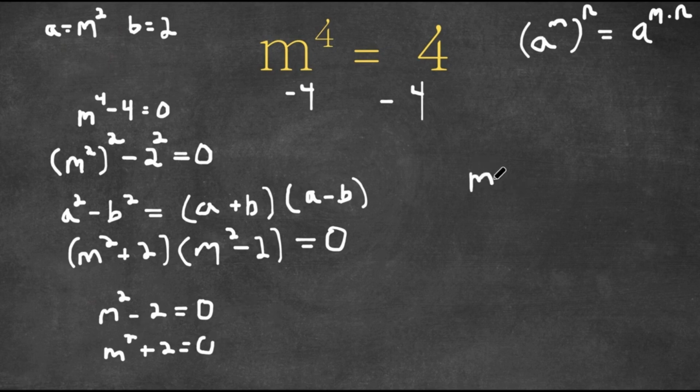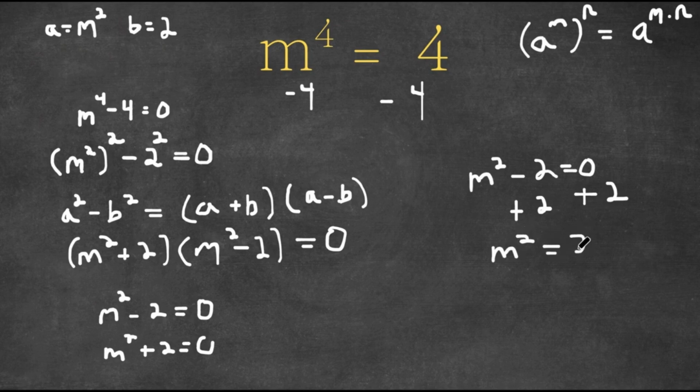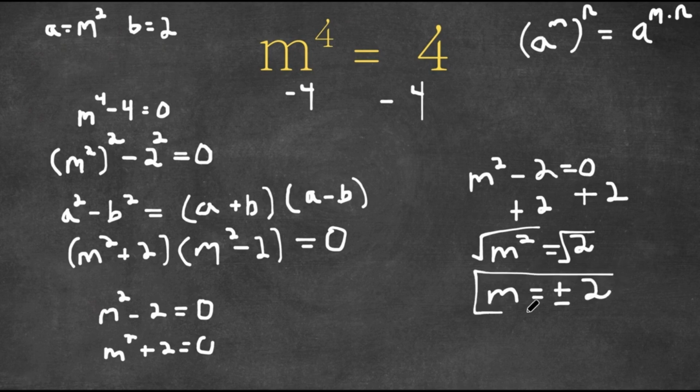So I'm first going to add 2 on both sides. So we get m squared is equal to 2. So now if I take the square root on both sides, I get m is equal to positive or negative square root of 2. So these are two solutions.